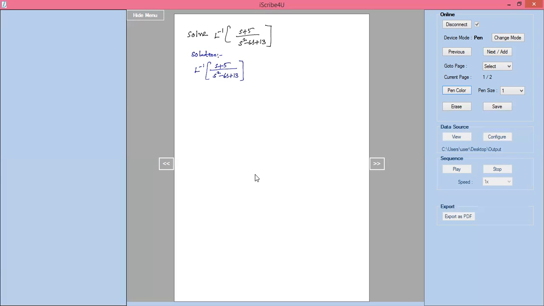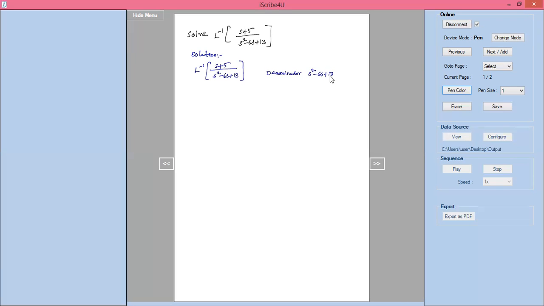Now the denominator is s square minus 6s plus 13. Whenever we see the 6s coefficient, it is in the form of a square minus 2ab, and b square is whatever it may be.